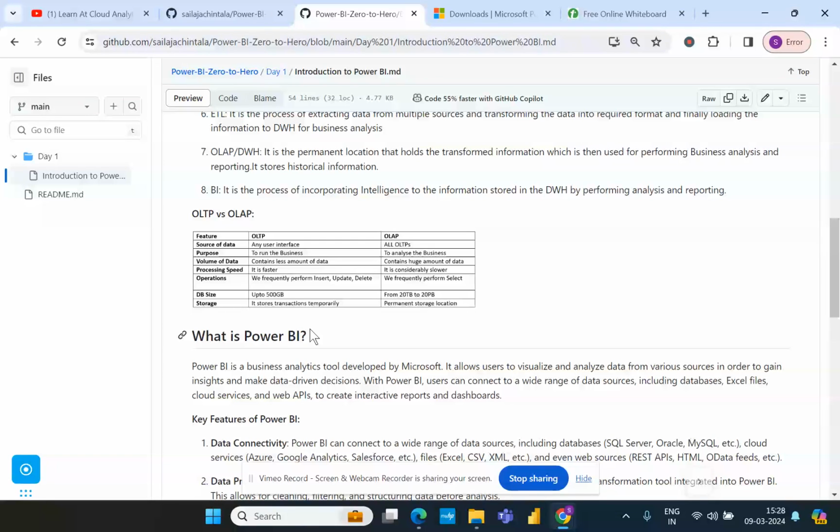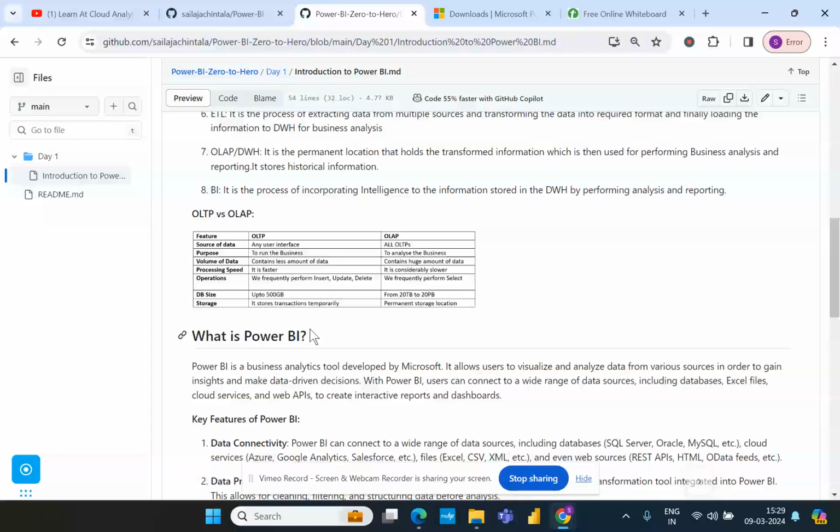Similarly, on OLAP, what do we perform here? We are not performing any daily transactions, and this OLAP system's data is not accessible to an end customer. So I can't access the OLAP system. Why? Because it has all the information coming in from multiple OLTPs for different customers in one box.